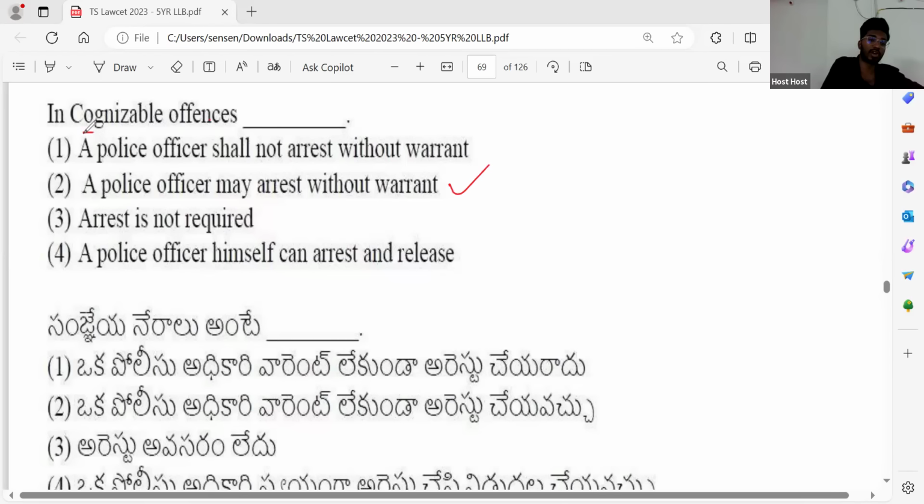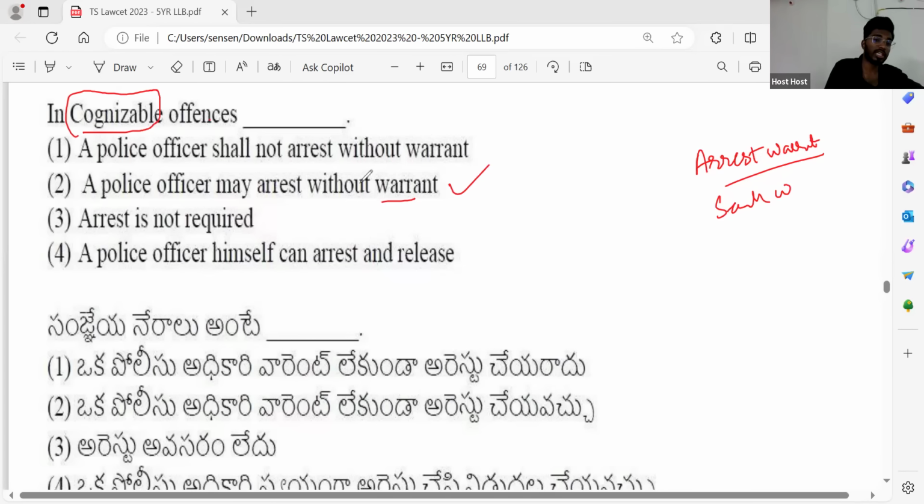So what is the meaning of cognizable offense? Cognizable offense means that police can take cognizance of the matter without any warrant from the court. Warrant is issued by the court, right? Court issues something known as an arrest warrant, which means go and arrest this person. Search warrant means go and search this person's house.